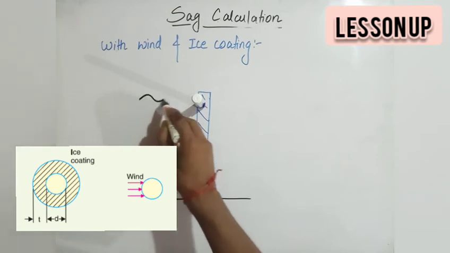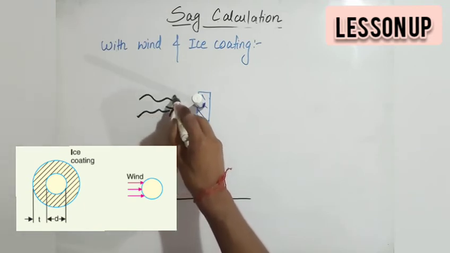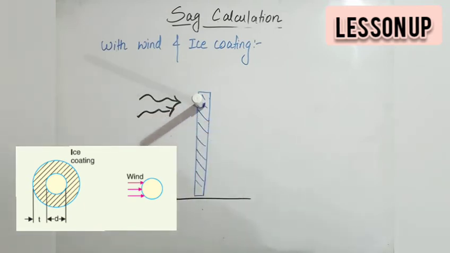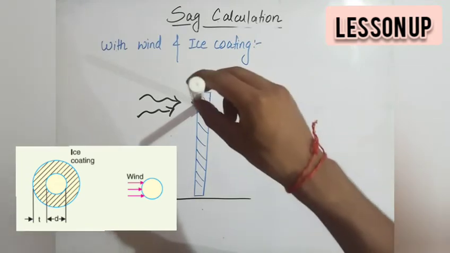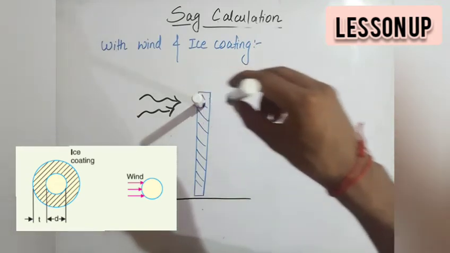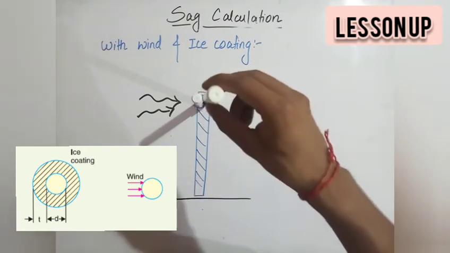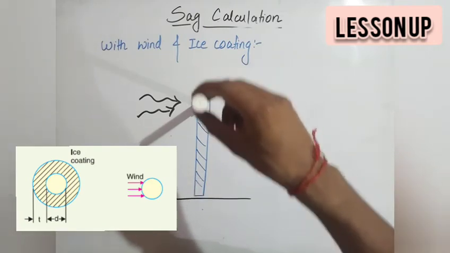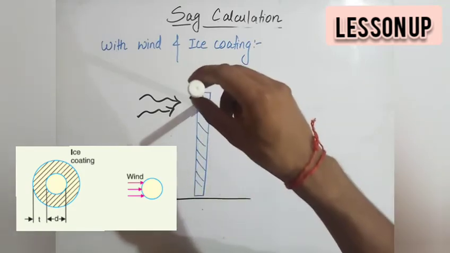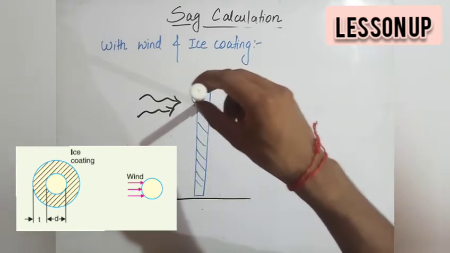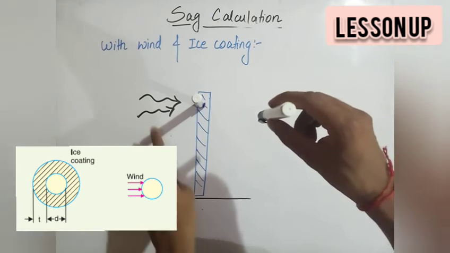And with a crosswind, this conductor will experience one more force, which is in this horizontal direction. So this conductor experiences a force in the vertical direction, as well as a force in the horizontal direction due to crosswind.